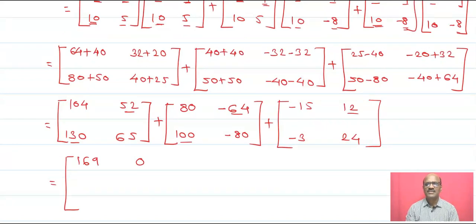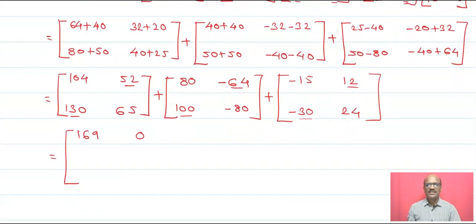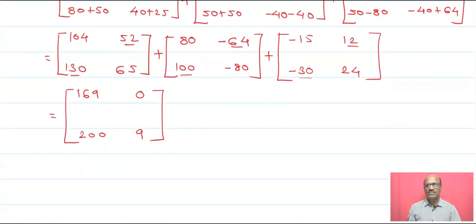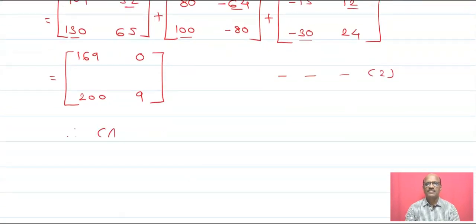Sometimes it gets difficult writing on the tablet. Next is 200, and the last number is 9. Therefore this is 2.